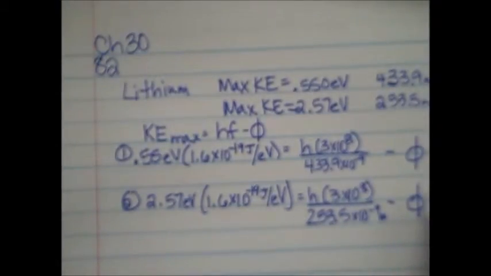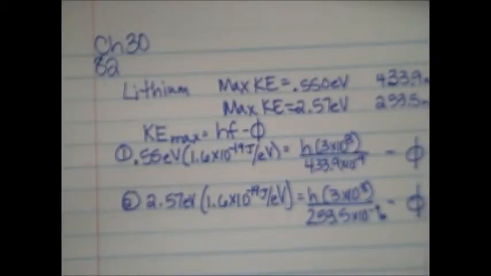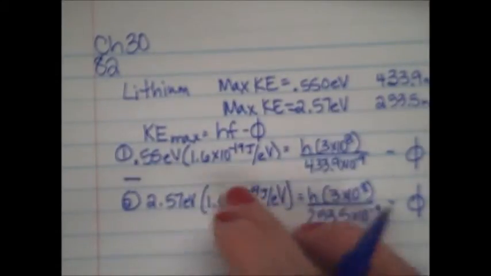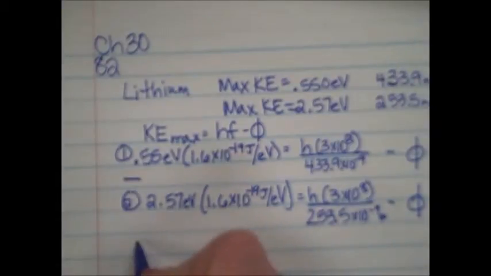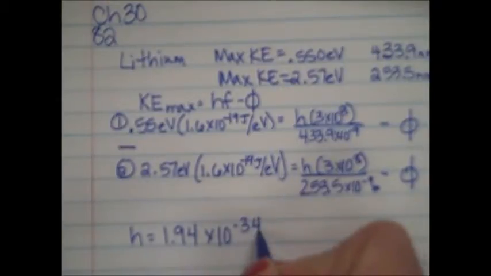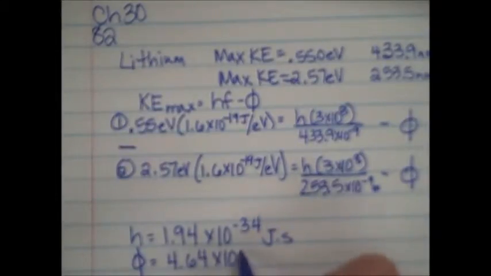We can use substitution, or I just subtracted them. Taking this whole equation minus this whole equation, I was able to solve for h equal to 1.94 times 10 to the minus 34 joule seconds, and I got phi to be 4.64 times 10 to the minus 20 joules, or 0.29 electron volts.